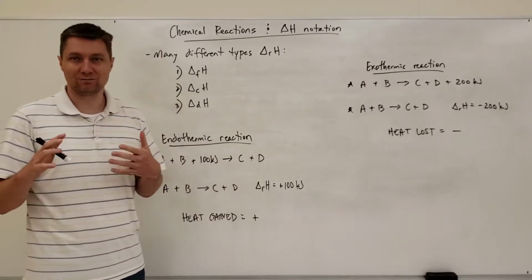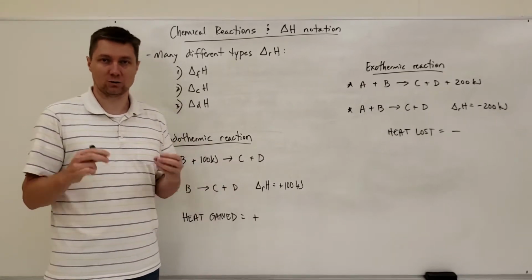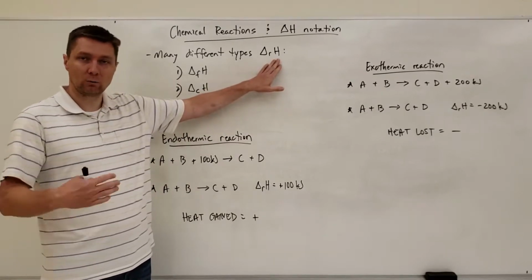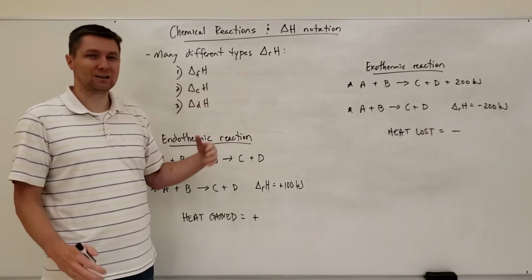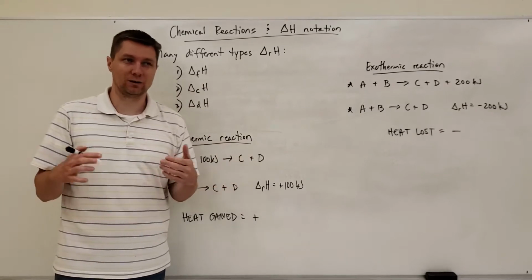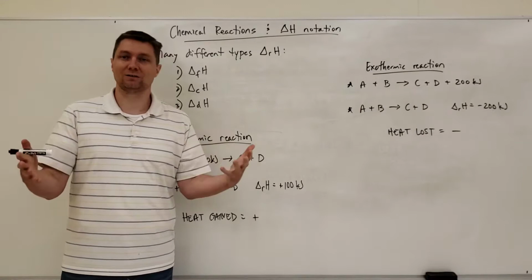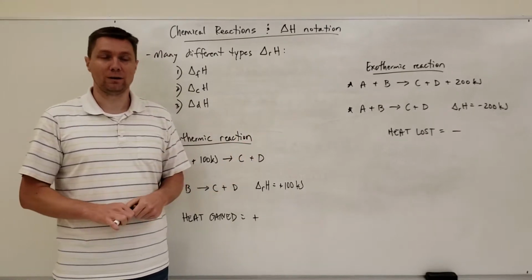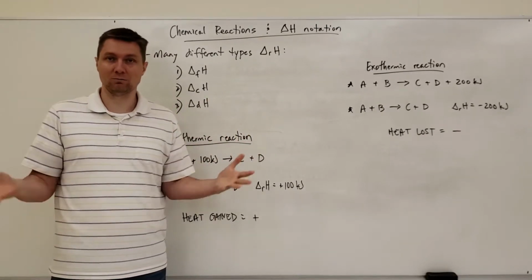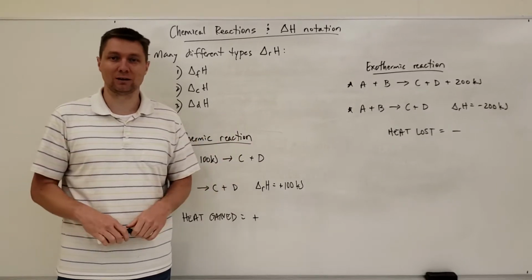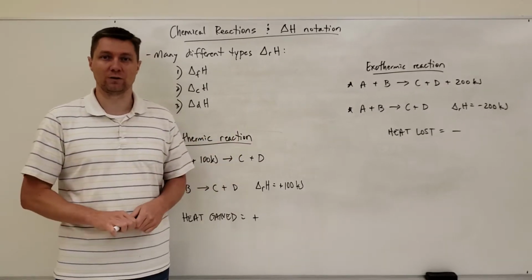So we have lots of different delta RHs, or heats of reactions, that we can refer to when we're doing chemistry. And it's very analogous to the example that I like to give, which is we've got lots of different vehicles that drive on the road. All of them can be considered vehicles if they've got four wheels and we drive them on the road. That's typically the generic term that we use for them.